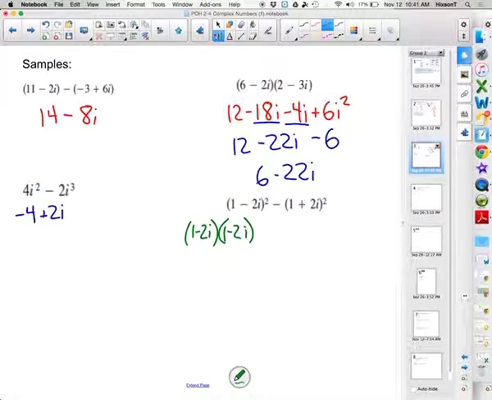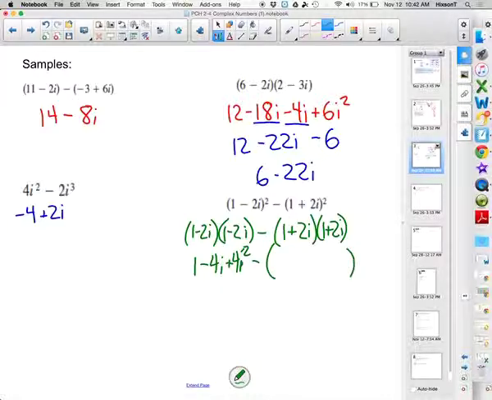And you guys know how to do that at that point, but same thing here. 1 plus 2i times 1 plus 2i. We FOIL them both. So 1 minus 4i plus 4i squared minus, the other thing here, make sure you distribute your negative. It would be 1 plus a 4i plus 4i squared.